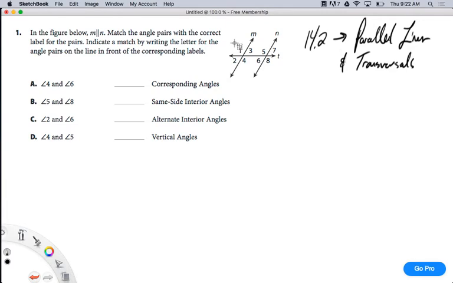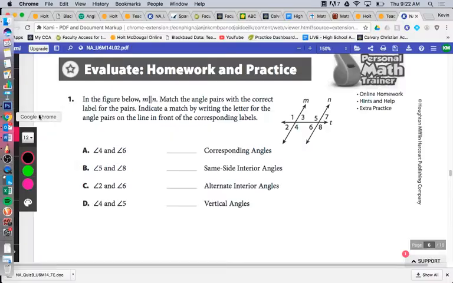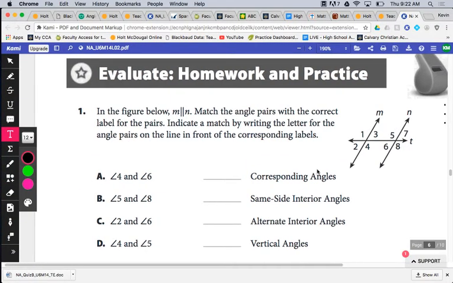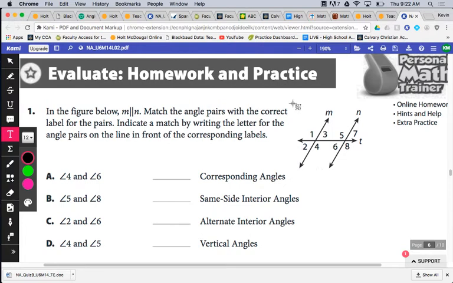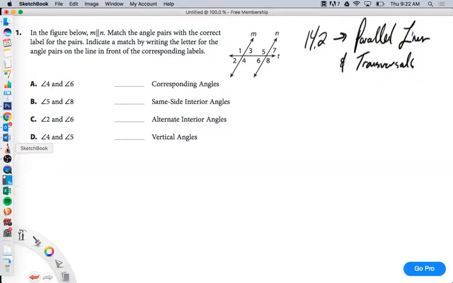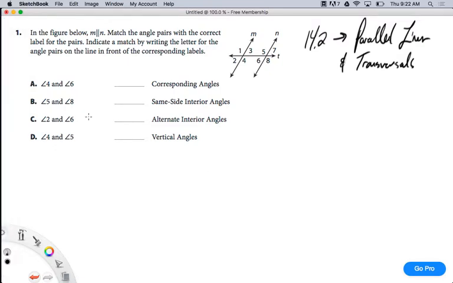Let's actually start in a little bit of a different way than I did last class. Angle 4 and angle 6. Leslie, did I call on you yet?